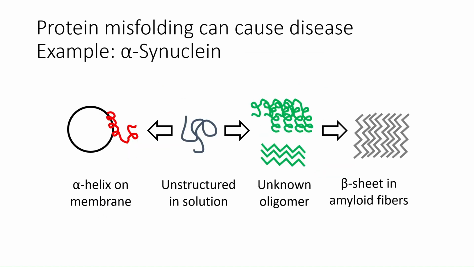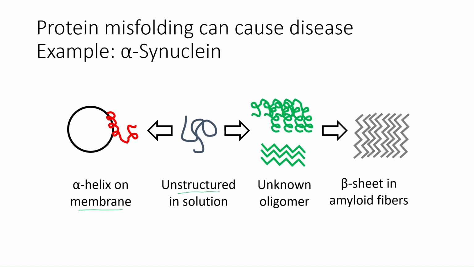Another neurodegenerative disease that's also due to protein misfolding is Parkinson's disease. The alpha-synuclein protein is also normally found in your brain. It's normally an alpha helix shape, and it's normally found on a membrane. But if it comes off the membrane for whatever reason, when it's in solution, it's more unstructured, as you can see in that next picture.